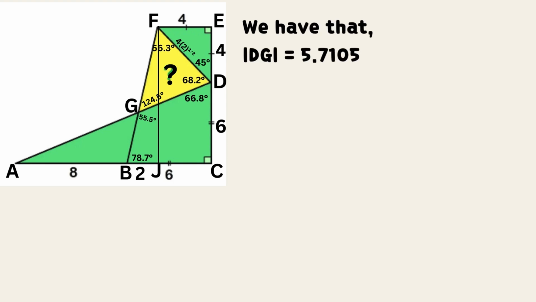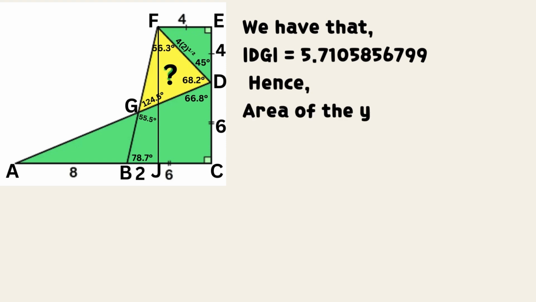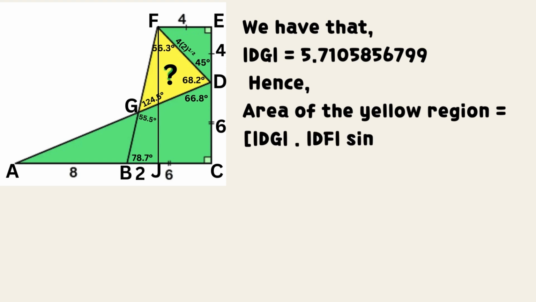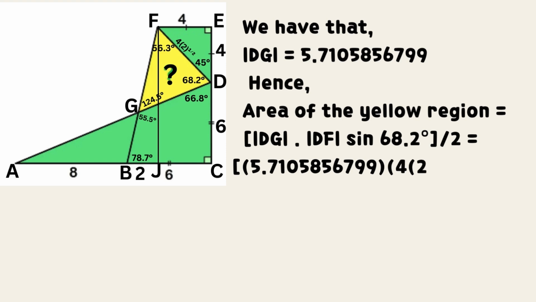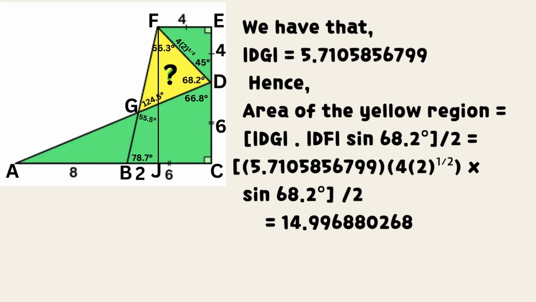We have that line DG equals 5.71058567799.